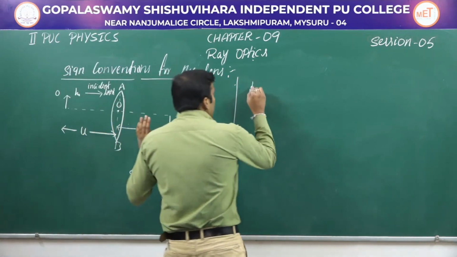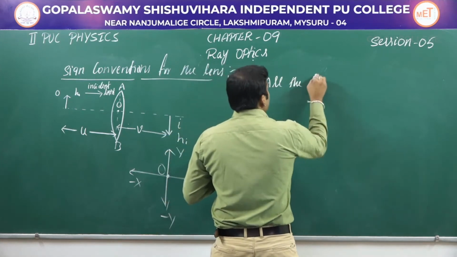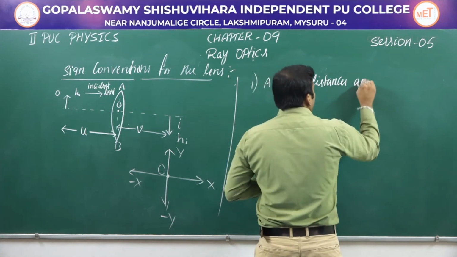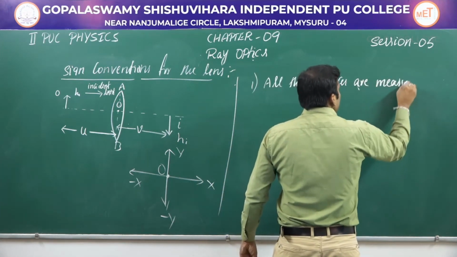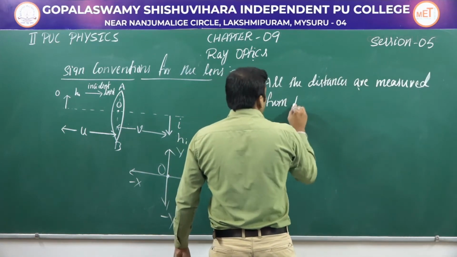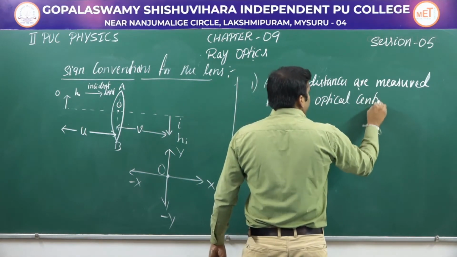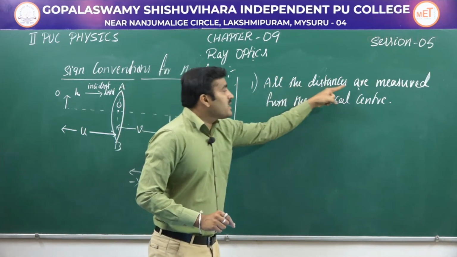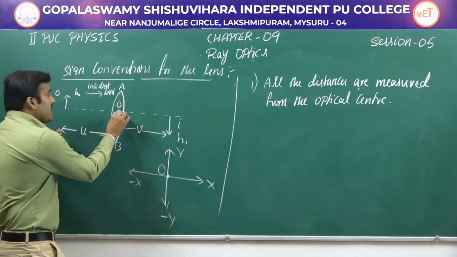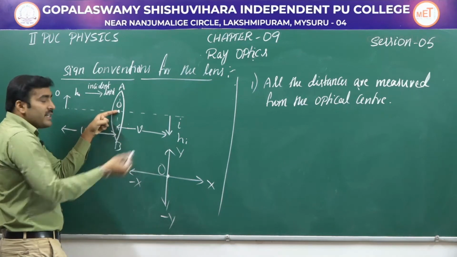The first sign convention says all the distances are measured from the optical center of the lens. I said that this is the optical center, and from this point we have to measure all the distances.